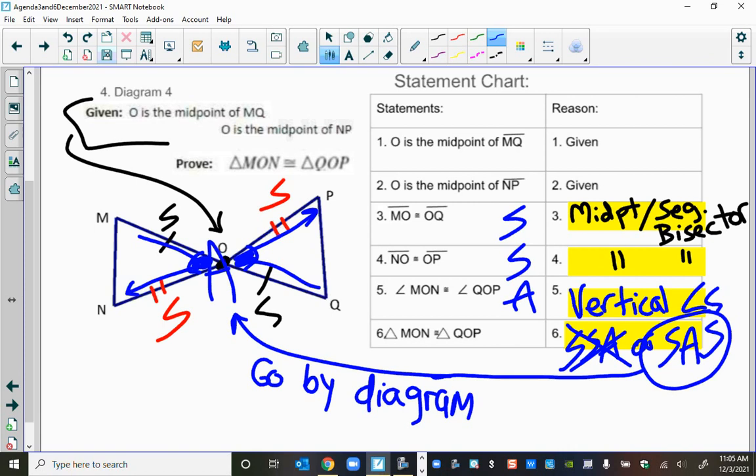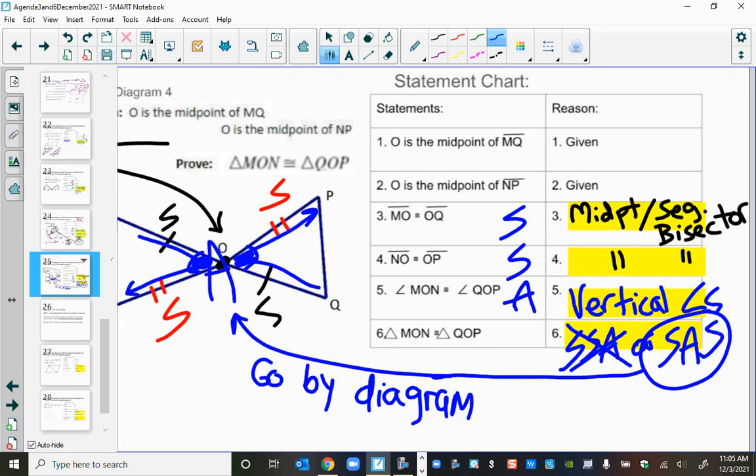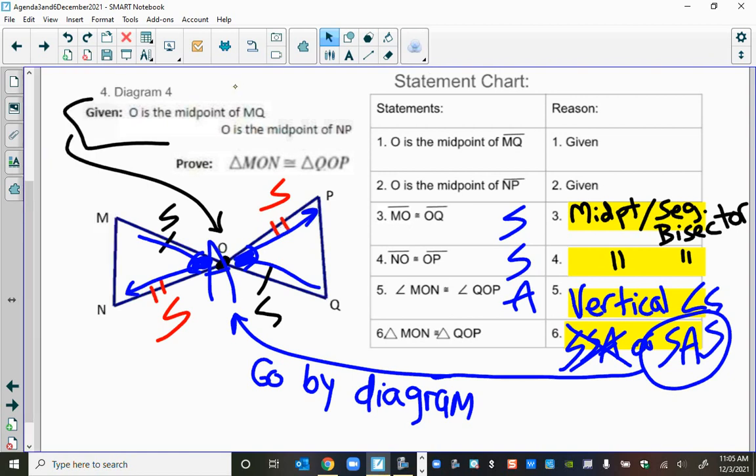Basically, what's going to happen now, the reason why I don't really want to talk about that CPCTC stuff is once you prove the triangles congruent, you can say all the other corresponding parts are going to be congruent as well. Basically, if we look at the diagram with that CPCTC, once we prove this part, then we can say corresponding parts are also going to be congruent.